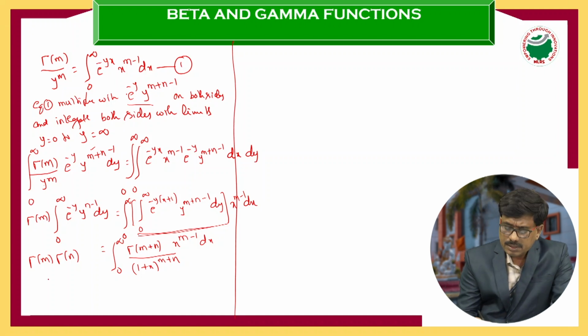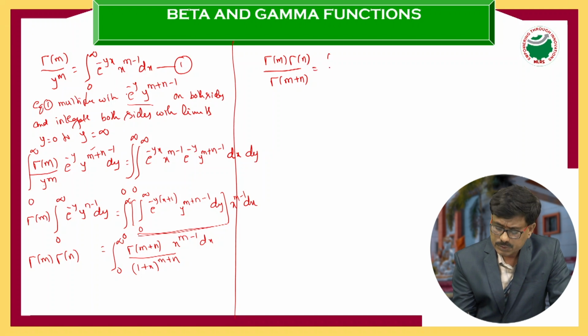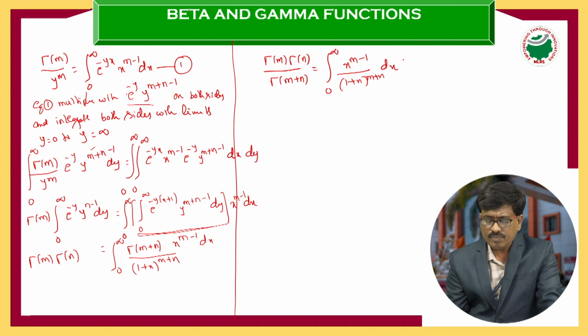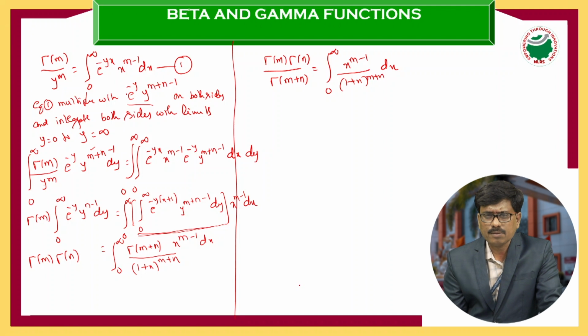Therefore, what are the common terms now? Gamma n divided by gamma of m plus n, which is equal to integral 0 to infinity x power m minus 1 by 1 plus x whole power m plus n into dx. Already you know the definition of the beta function in the form of an integral.